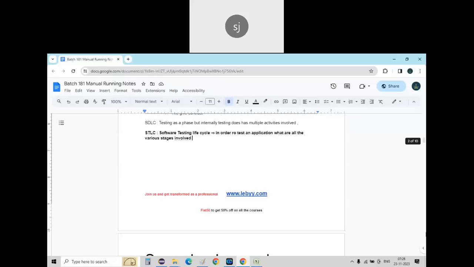What are all the various stages involved in testing a software application, which we call an STLC, the software testing life cycle.